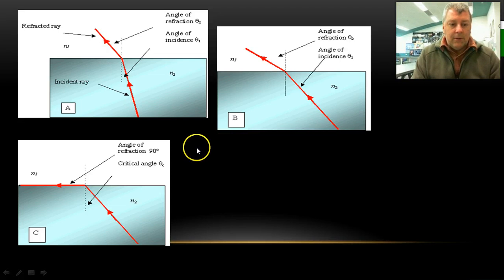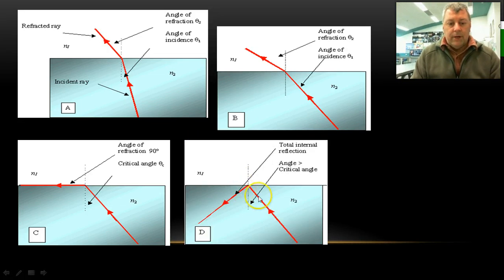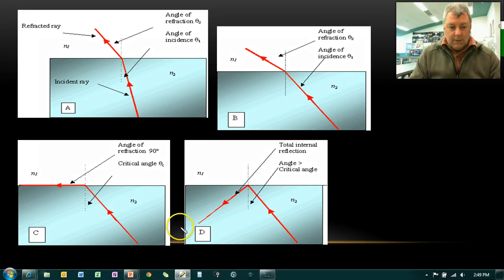And then if we go past the critical angle, we get total internal reflection, and it doesn't matter, we can move this beam, this angle, any angle beyond the critical angle, and we get total internal reflection. And if we had another interface down here, and these two surfaces were parallel, this beam, because it's now hitting the interface at an angle of incidence which is, let's say, greater than the critical angle, must reflect.